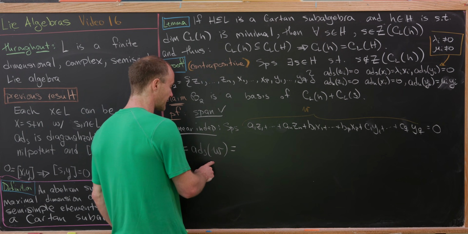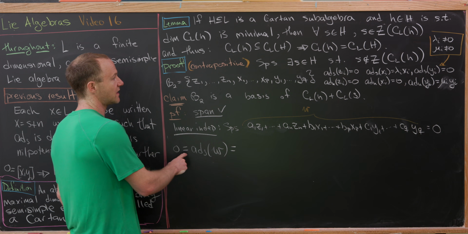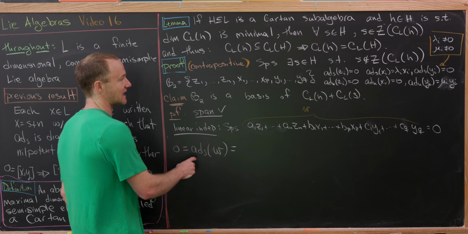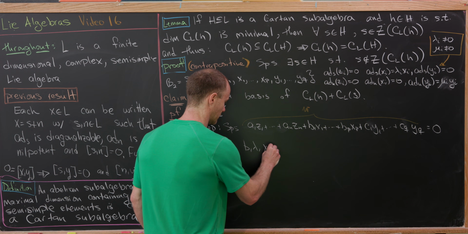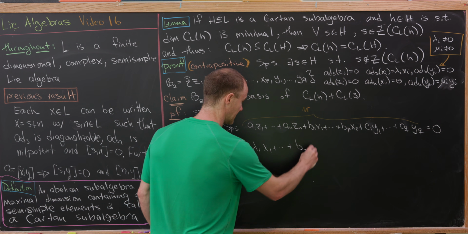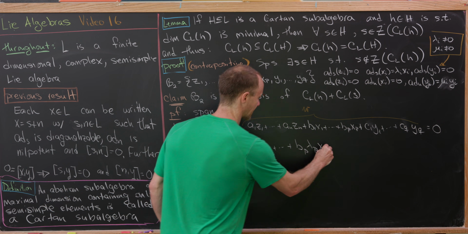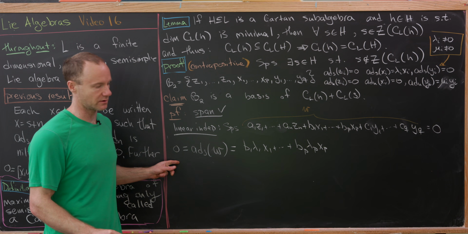So that's simply going to leave us all of the b's tied with their ad s eigenvalue. In other words, we're going to have something like this: b1 lambda 1 x1 added all the way up to bp lambda p xp. But then that's equal to 0.